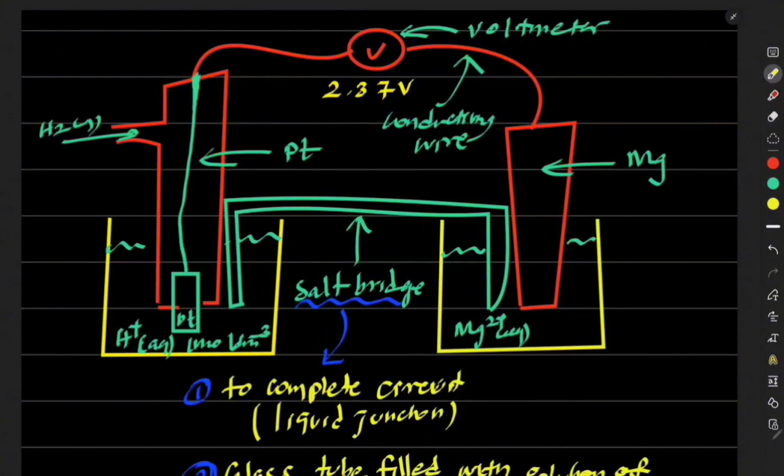Here the magnesium has a higher ability to form ions than the hydrogen, therefore it is the negative electrode.